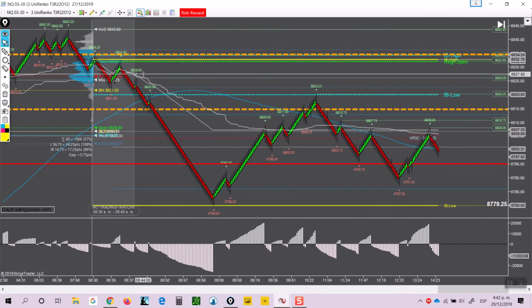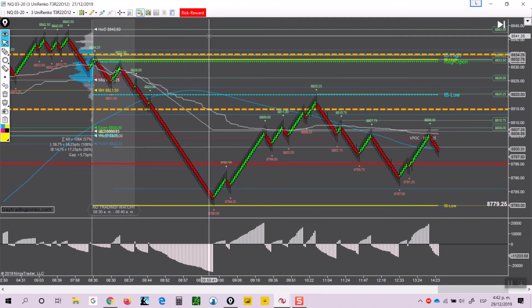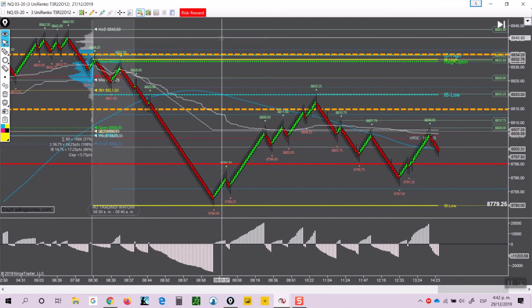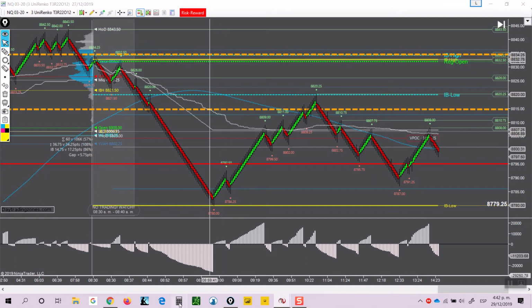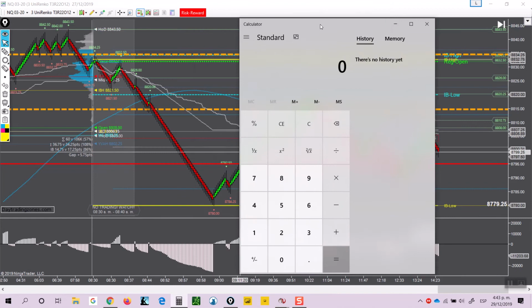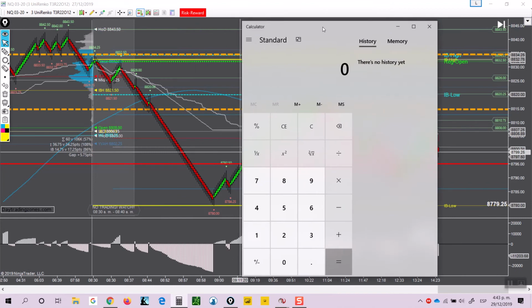Then we are going to understand how to manage our trading. If you're using a 2,000, 3,000 or 5,000 account, it doesn't matter if it's $2,000 or $10,000.